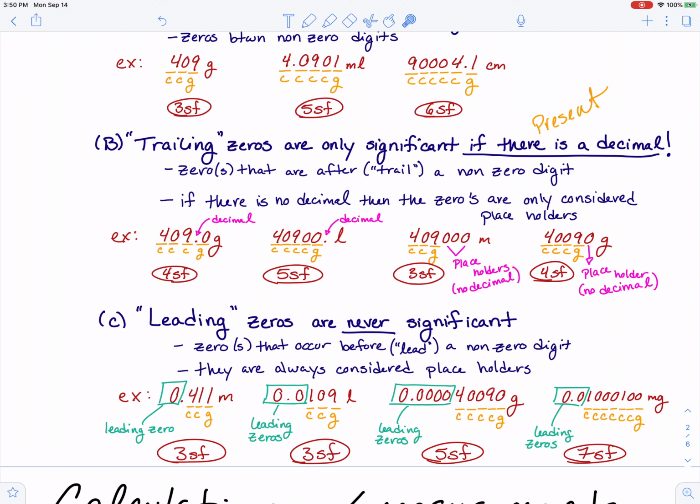My next example, we've got the 9, so here is my last non-zero digit, but I've got 3 zeros trailing it and no decimal. That means that those zeros are not significant. They are just placeholders telling me that my number is 409,000.